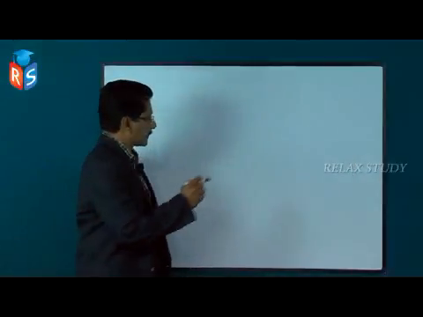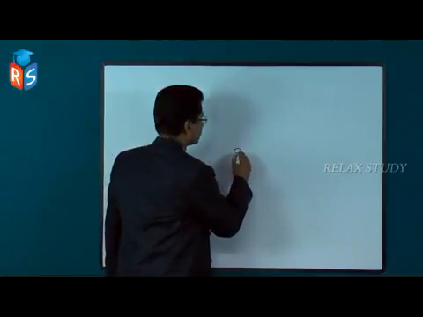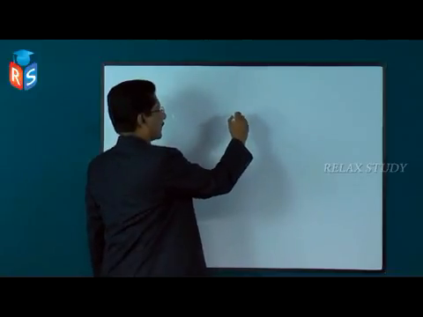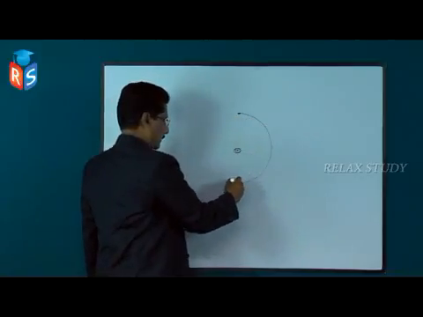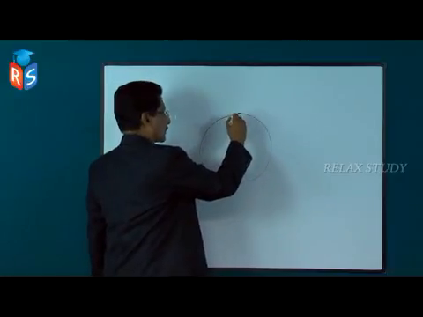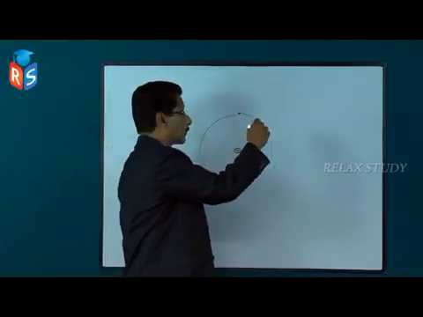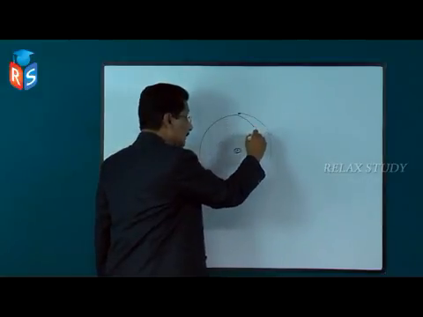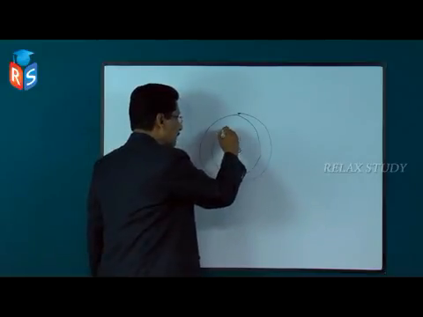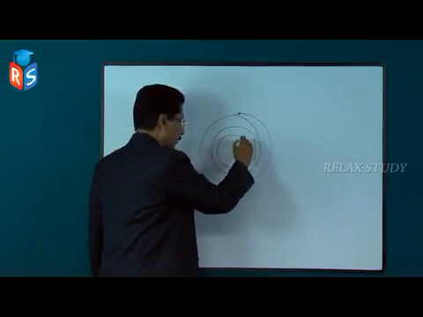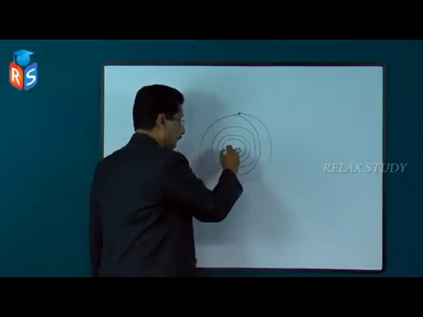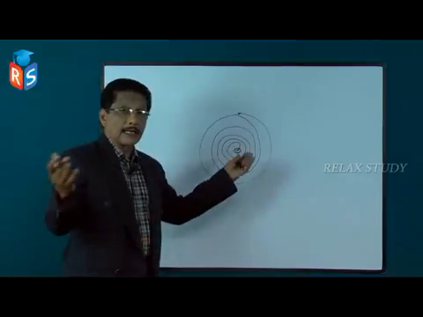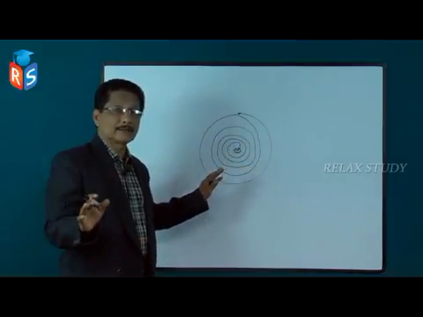That is, for example, if this is the nucleus of the atom, positively charged nucleus, and if this is the electron, in the beginning, the electron is revolving, describing a path or an orbit of large radius, and as it loses energy, it goes on describing orbits of smaller and smaller radius until finally it falls into the nucleus. And that is the end of the atom.